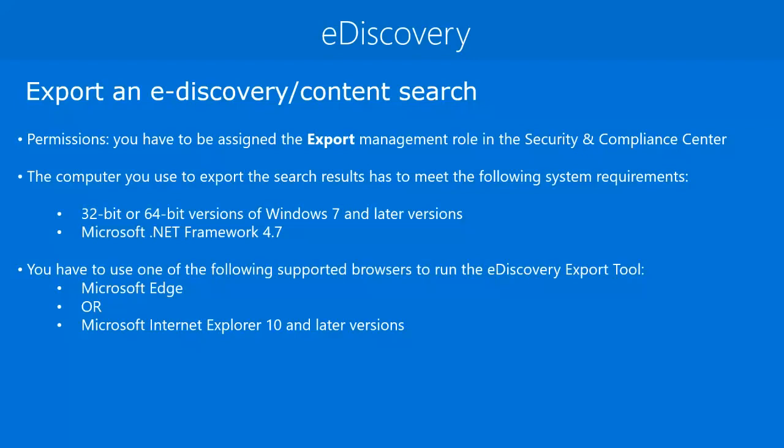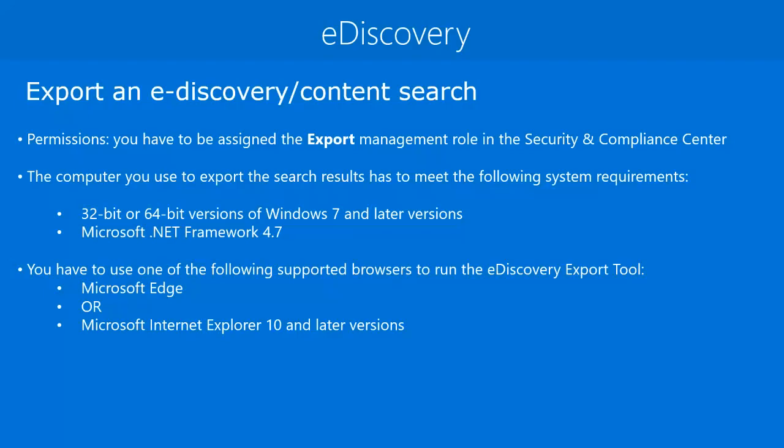If you are performing an eDiscovery search and you want to download the content, the machine on which you would be downloading the content needs to meet this criteria, that is a 32-bit or 64-bit version of Windows 7 and later, or Microsoft .NET Framework 4.7. If your machine does not meet this minimum requirement, you won't be able to download the content search.